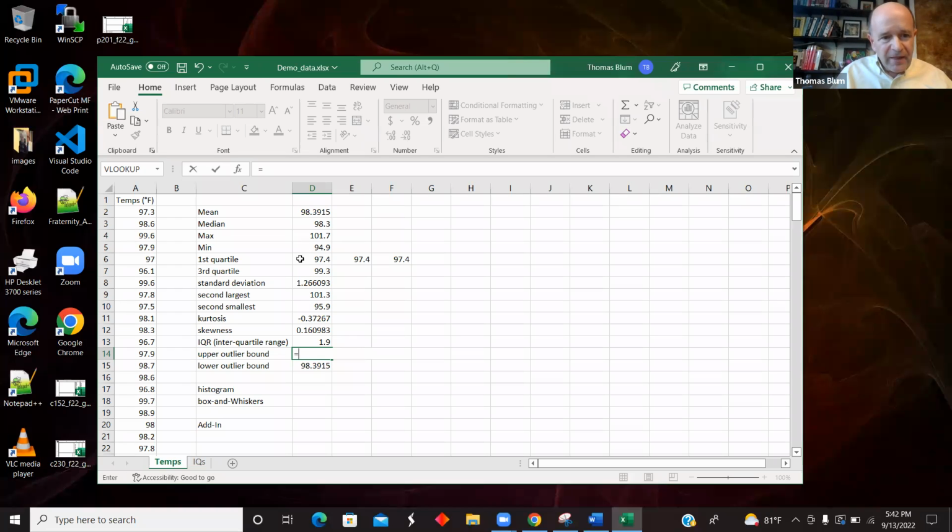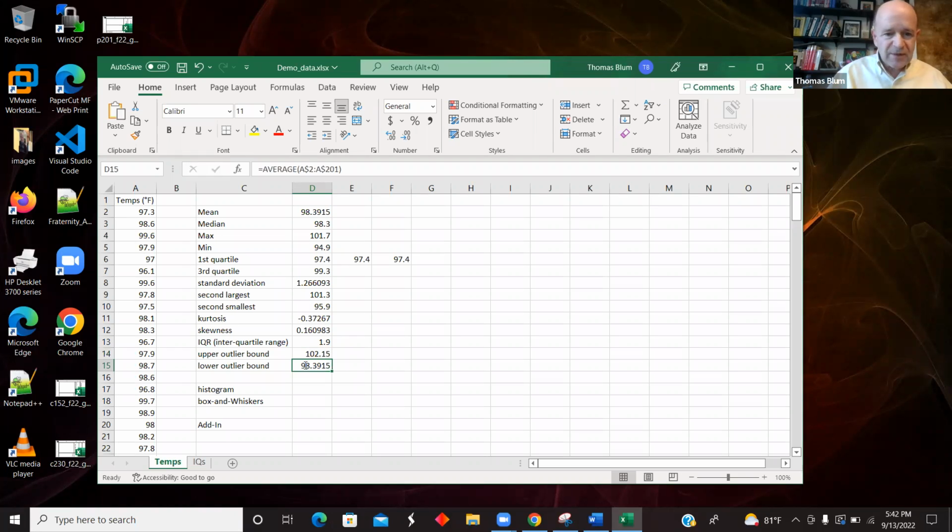If I take the third quartile, the bigger quartile, and add 1.5 times this interquartile range, going up, any temperatures above this would be considered an outlier. Well, I know my max is 101.7, so I don't have any outliers on the high end.